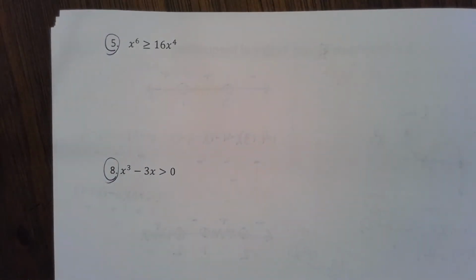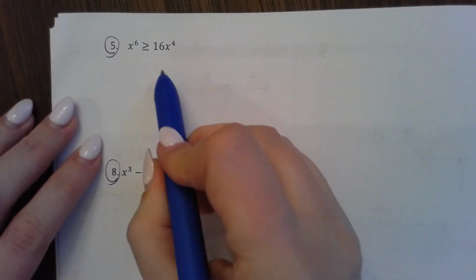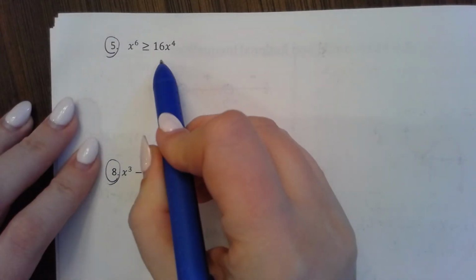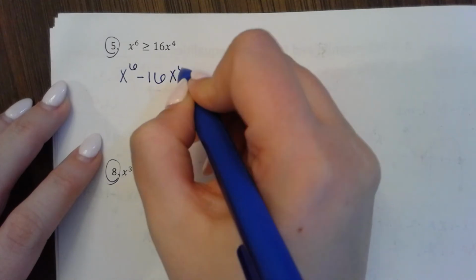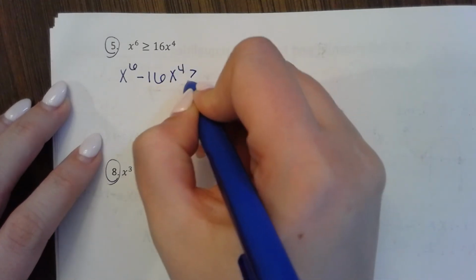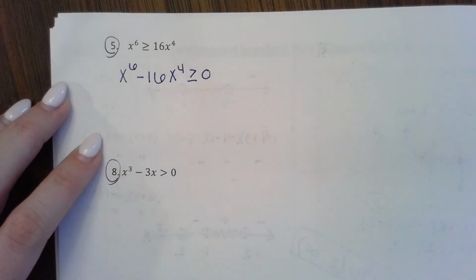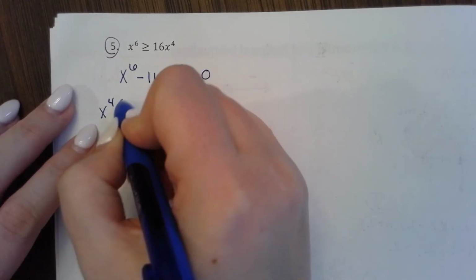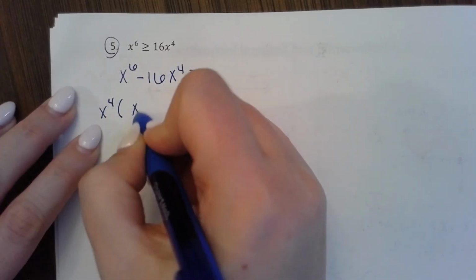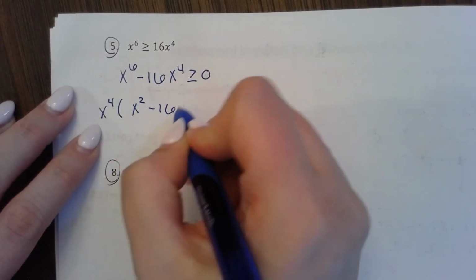All right, number 5. The first thing that we have to do is move our 16x to the 4th to the other side. So we get x to the 6th minus 16x to the 4th is greater than or equal to 0. Okay, now let's factor. We could factor out an x to the 4th, which leaves us with x squared minus 16.